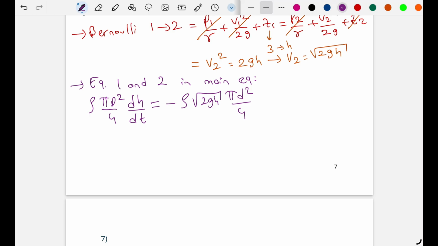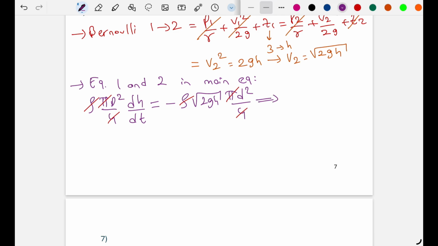So here we can directly eliminate some terms because we have them on both sides. For example, we have rho, we have pi, 4, and we can keep the others.